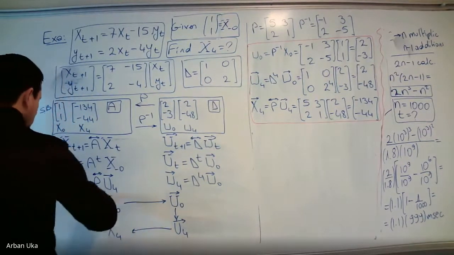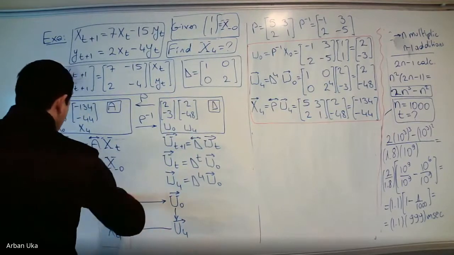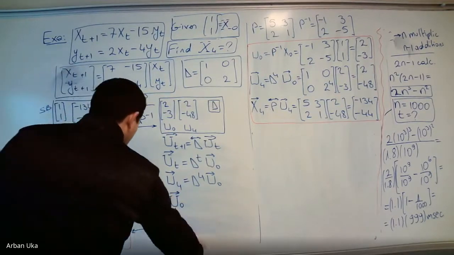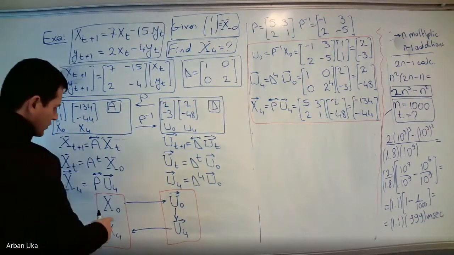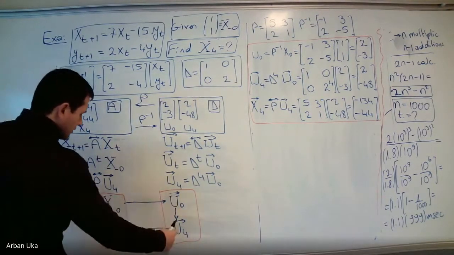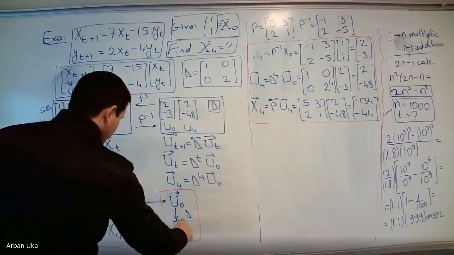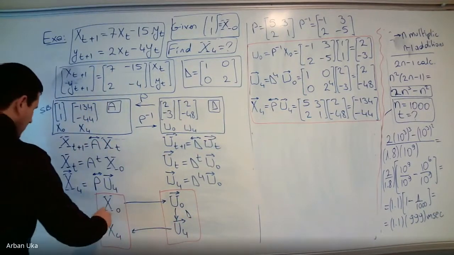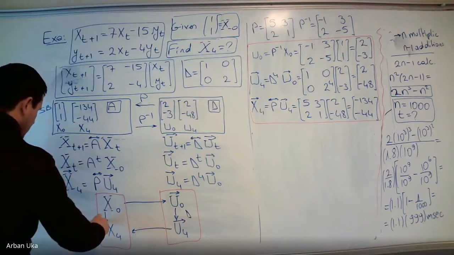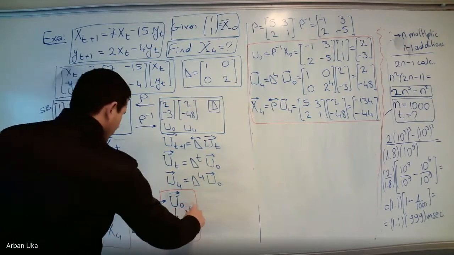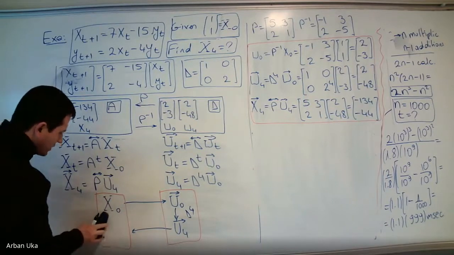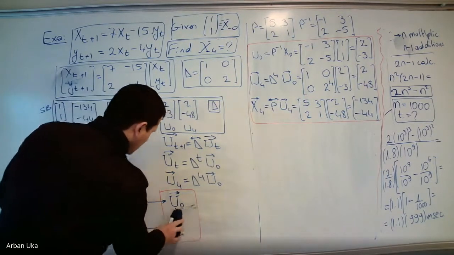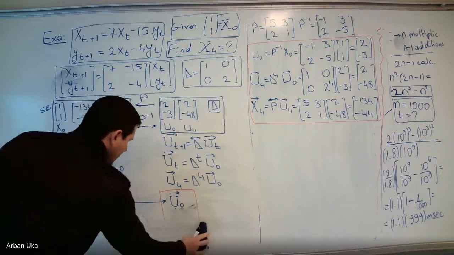Okay, so this is the standard basis in red, and this is the best basis or the U basis. So this is what we do. X0, U0, we move down with P, and we find this. Maybe it's best if we do this schema to make it complete.